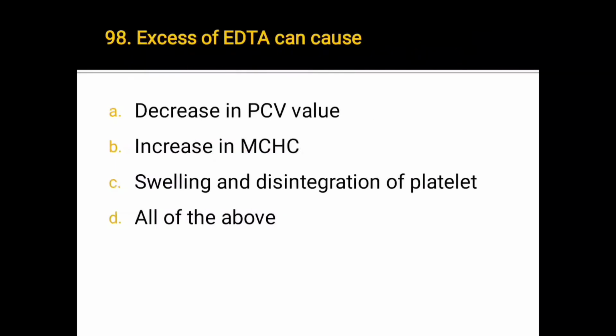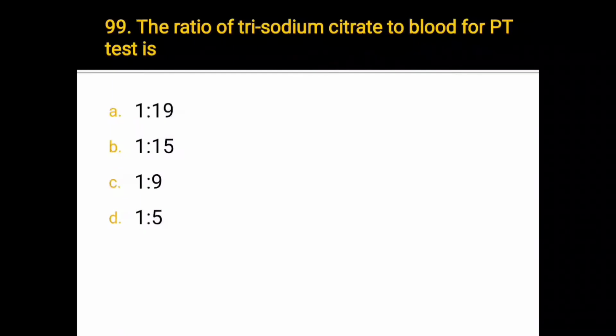Excess of EDTA can cause A. Decrease in PCV value, B. Increase in MCHC, C. Swelling and disintegration of platelets, D. All of the above. Correct answer D. All of the above. The ratio of trisodium citrate to blood for PT test is A. 1:19, B. 1:15, C. 1:9, D. 1:5.